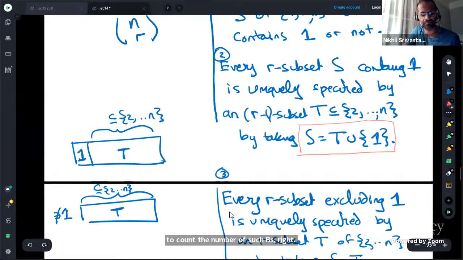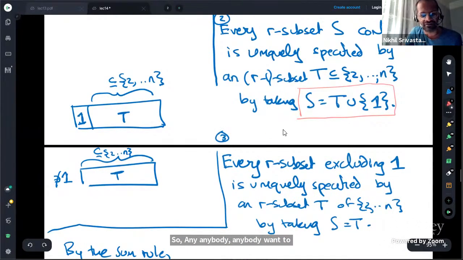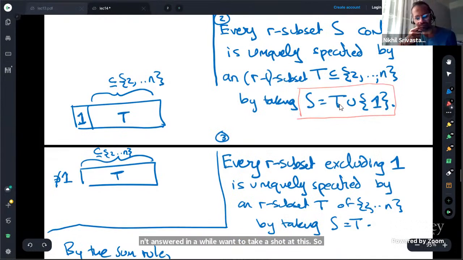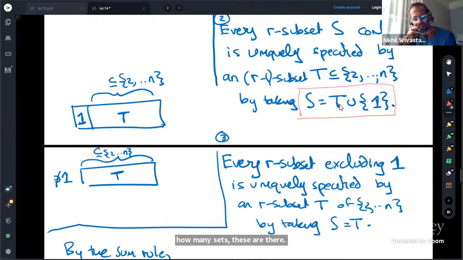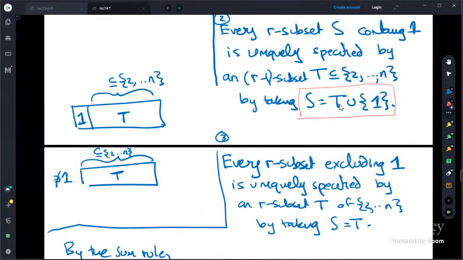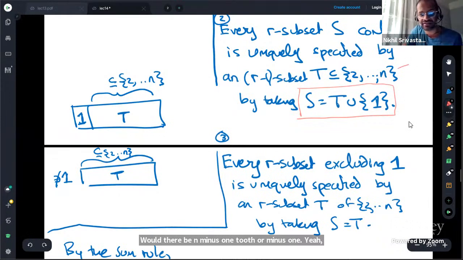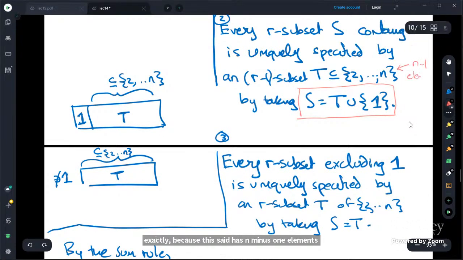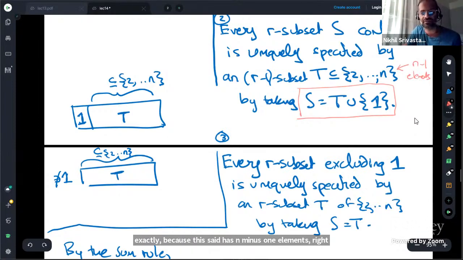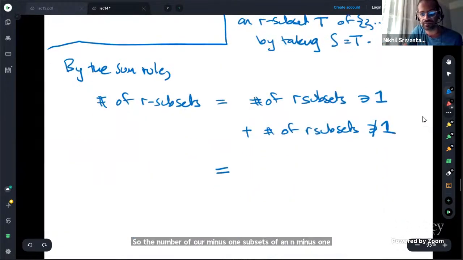So anybody who hasn't answered in a while want to take a shot at this? How many such T's are there? Would there be n-1 choose R-1? Yeah, exactly. Because this set has n-1 elements, so the number of R-1 subsets of an n-1 element set is n-1 choose R-1.